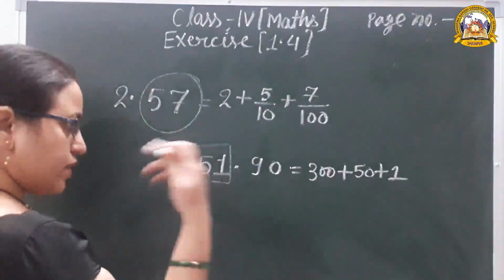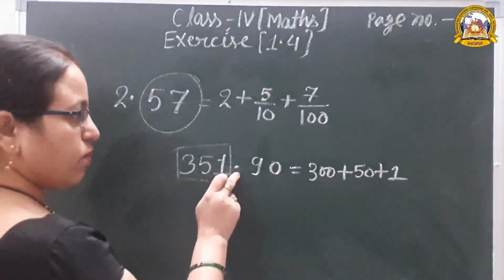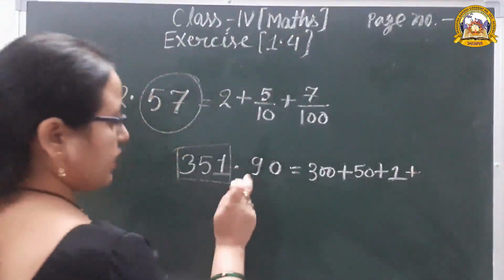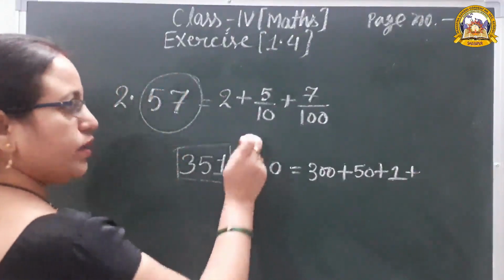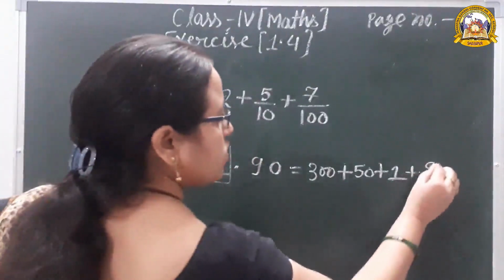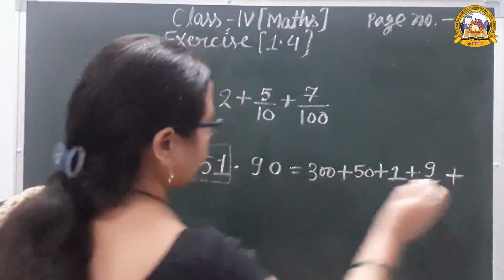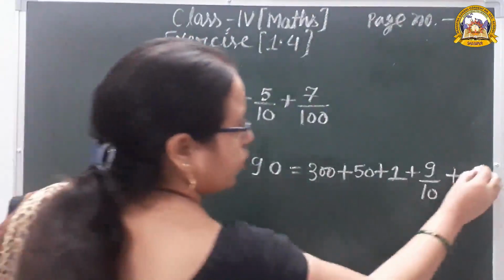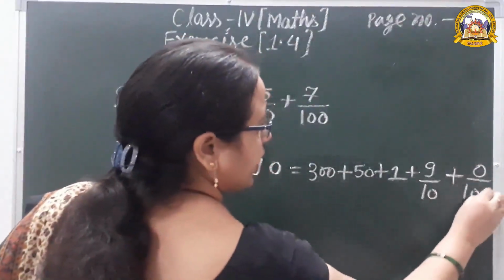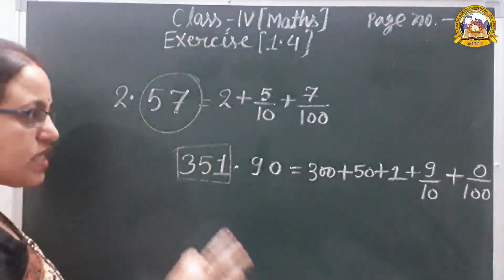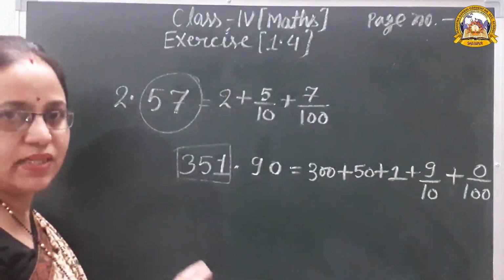Just after that, there is a decimal. After the decimal, 9 is on the tenths place, that is why 9 upon 10. And after 9 there is 0, so 0 upon 100. Okay, this is how we expand the decimal number.